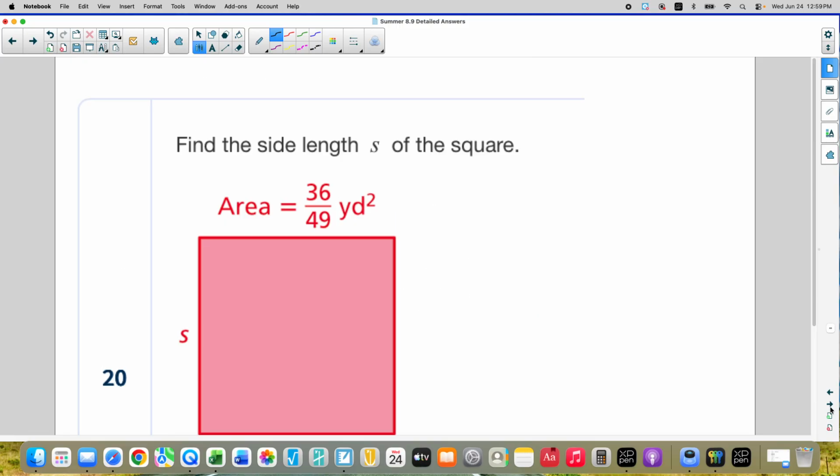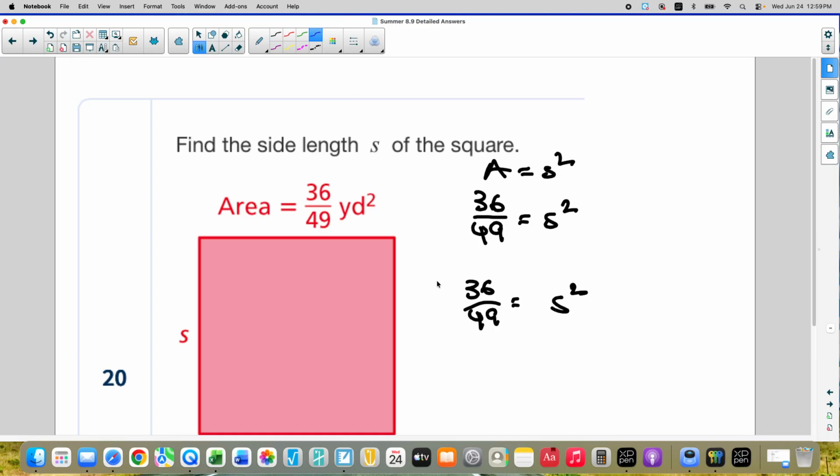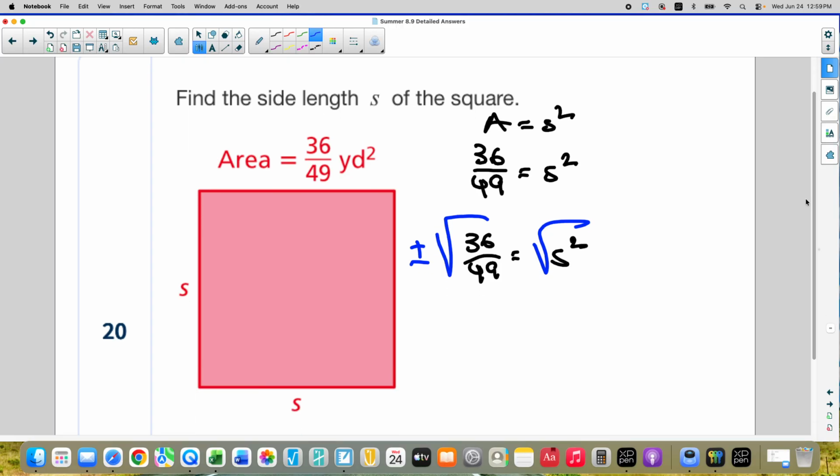Find the side length S, the area. Ooh, all right. So we get 36/49. Area equals S squared. So I'm going to take the square root of both sides, plus or minus. Now remember, when we multiply or divide, I can separate those into their own square roots.